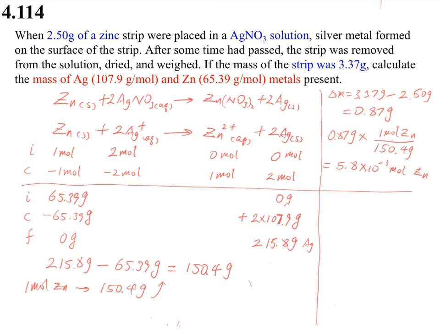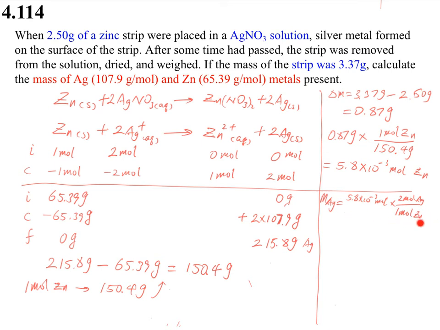The mass of silver equals: we start with the mole number of zinc, and for every 1 mole of zinc, we have 2 mole of silver produced, and this gives us the mole number of silver.